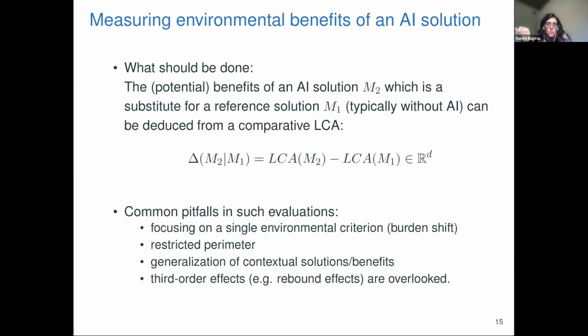And we have a tendency to generalize contextual solution benefits to complete impacts. Like if we have these impacts in a laboratory experiment, we multiply by a certain number and say this will be the impact in real life, which is not always the case. So parameters are not well settled from the start. And we clearly overlook third order effects, such as rebound effects.